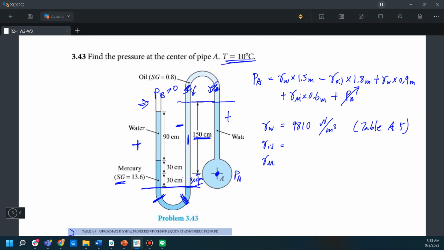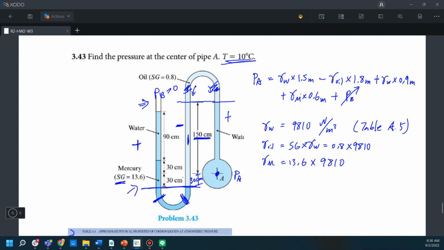But because the problem already gave us a specific gravity for each of the materials, we can use that to calculate the specific weight, which is equal to the specific gravity times the specific weight of water. So for oil, the specific gravity is 0.8 times gamma water, that's 9810, and for mercury it's 13.6 times 9810.